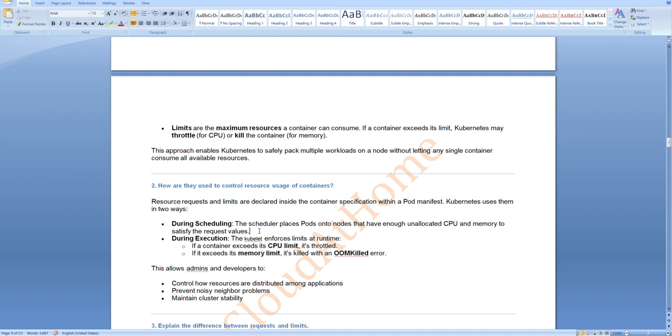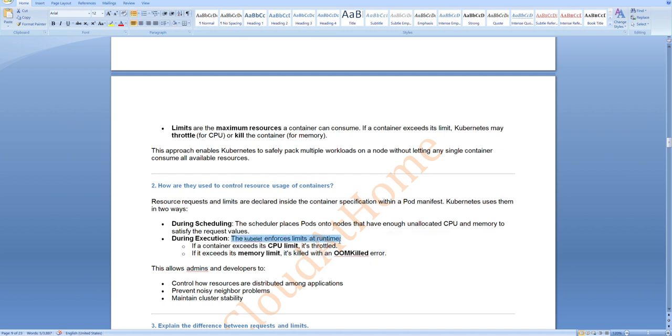Until you get the CPU and memory, your pods will not be deployed. And during execution, it checks your current CPU and memory, and if it is exceeding, it will get throttled, or it will get killed in the case of memory.